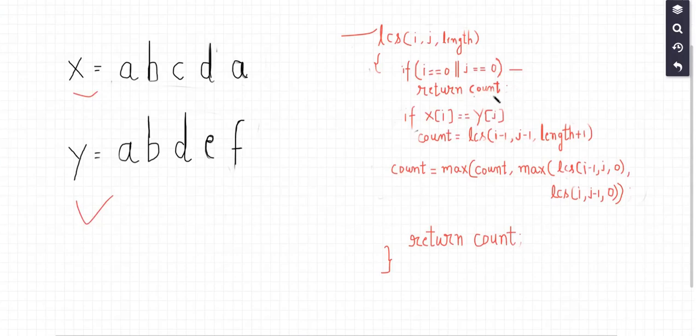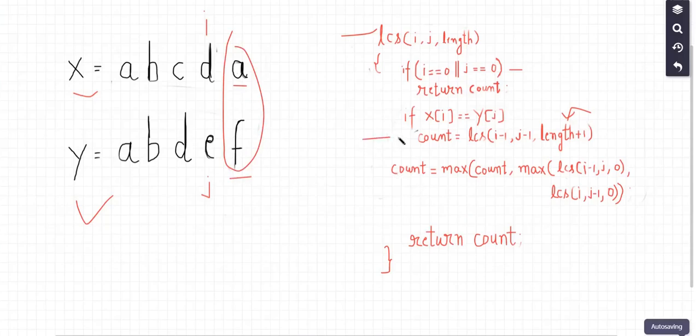So whatever answer I have, I will return that. Otherwise, if the ith character of x and jth character of y match, then I move my pointer i and pointer j to the left by 1. Okay, and increment my length by 1 because the last characters are matching. Although they are not matching here, but in case they are matching, I'll increment the length by 1.